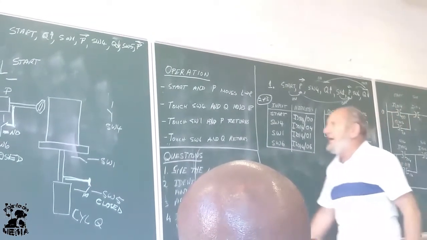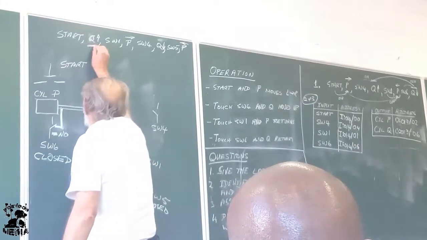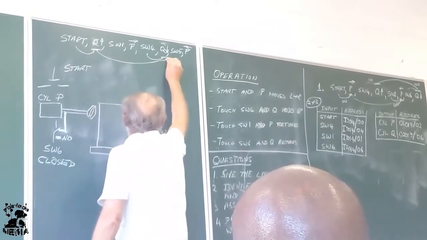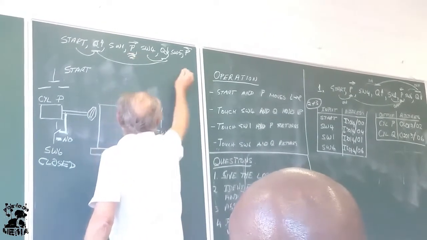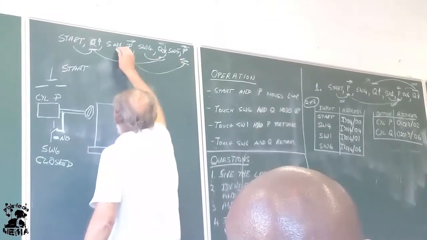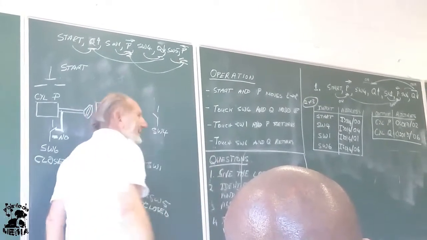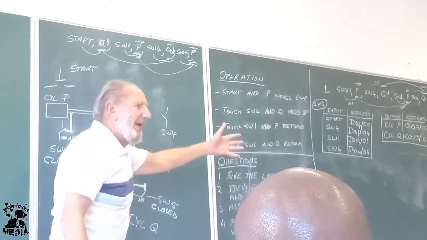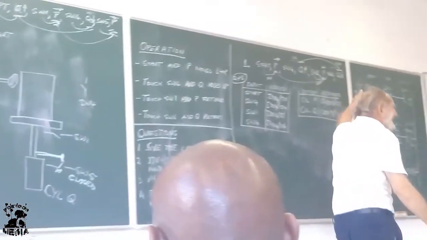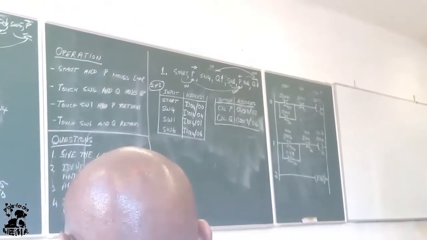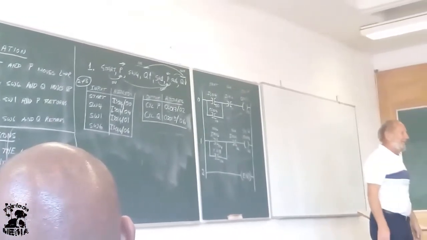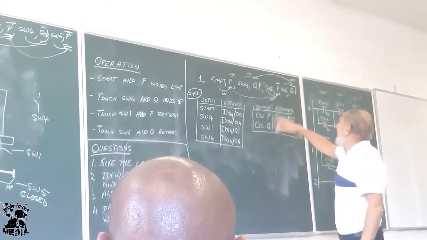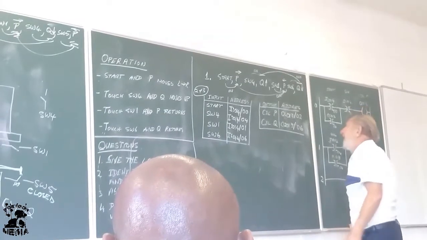And the order will be: Q is controlled by the start button and switch 4. That's Q. And P is going to be controlled by switch 1 and switch 5. So it's going to be 2 latches again, but the addresses will be different, people, because it's a different order. The top line will be the control of P. The bottom line will be the control of Q again.